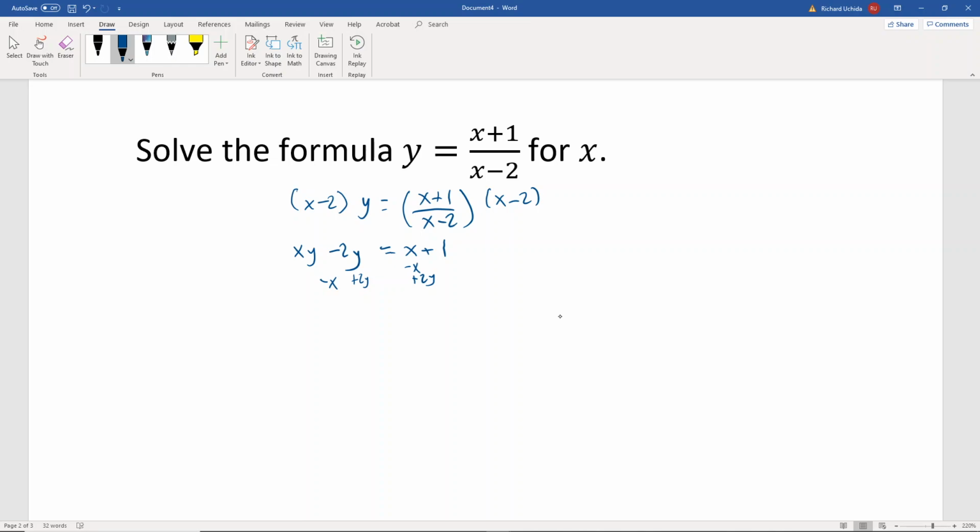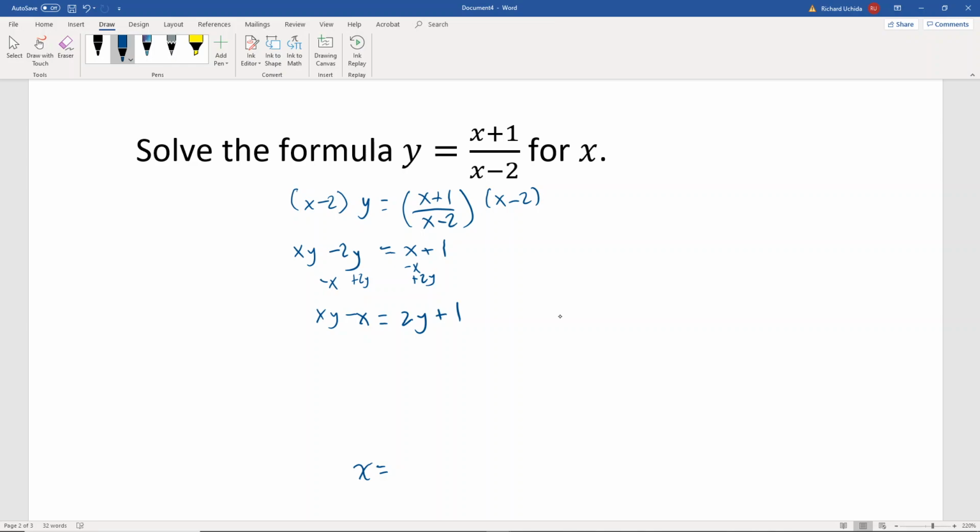So on the left-hand side we'd have xy minus x, and on the right-hand side, the x minus x cancels, so we would have 2y plus 1. Now we do have everything with x on one side, but we want everything else on the other side. We don't want this y here and this minus sign. In the end, we just want x equals everything else on the other side.